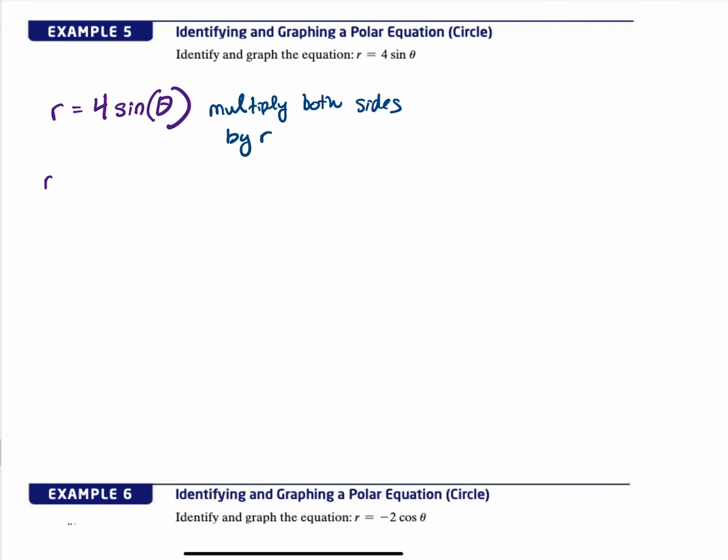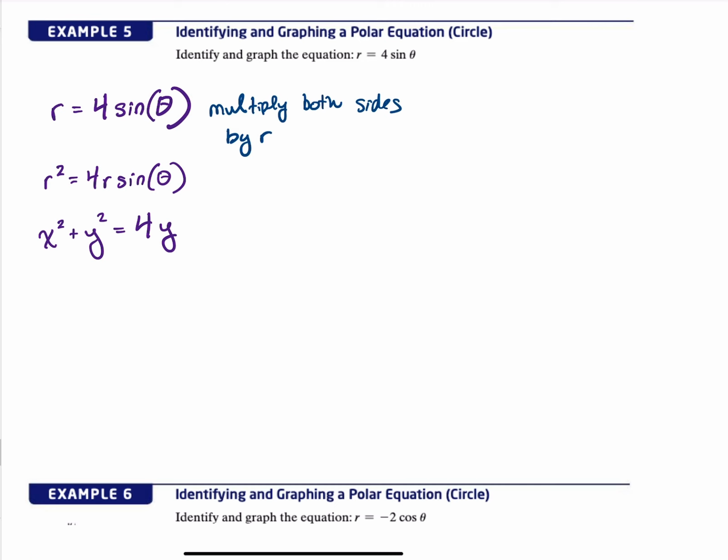So that will give us r squared equals 4r sine theta. And we said r squared we can replace with x squared plus y squared, and the r sine theta we can replace with y.